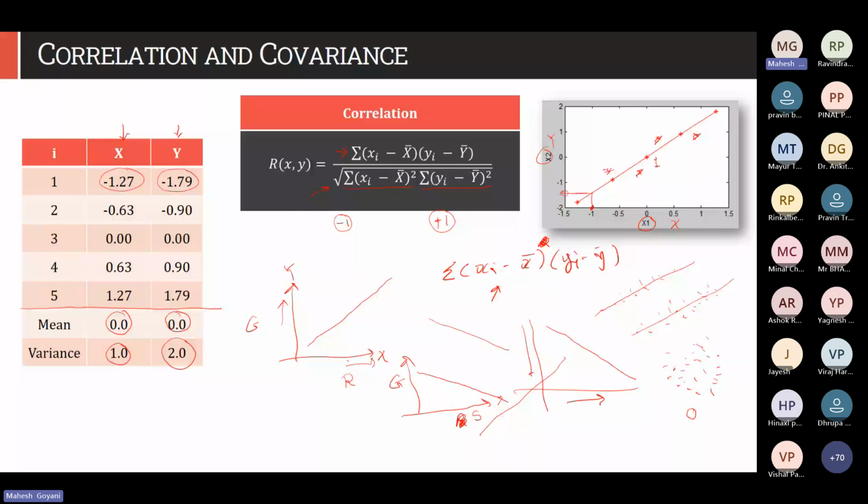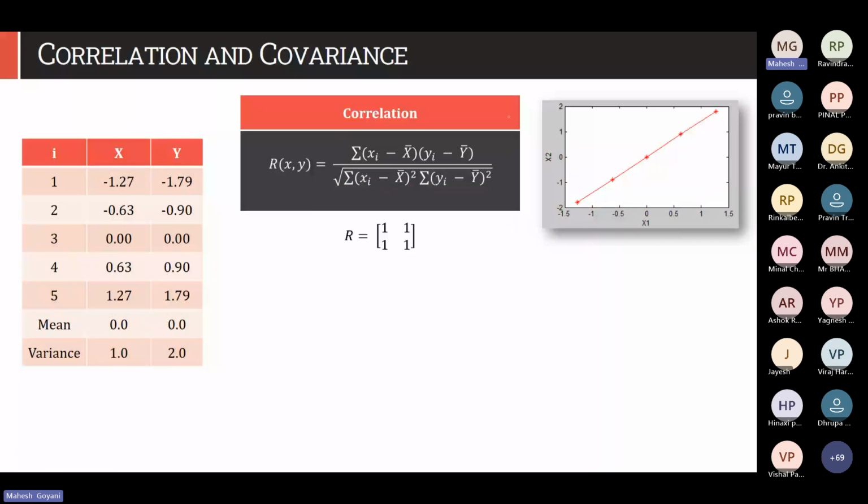Now, when they are perfectly correlated, this is called a correlation matrix. In the correlation matrix, the diagonal will always be 1, because this is A, this is B, this is A, and this is B. The correlation of a variable with itself will always be 1. A and A is 1.